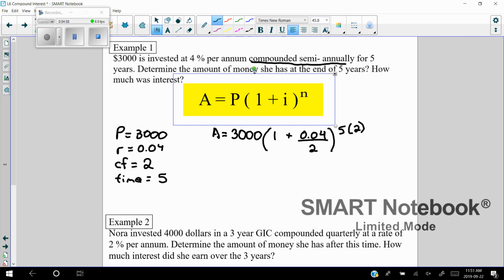Okay, so now that we have our formula, it's really important that we're able to type this into our calculator carefully. A couple different things that I will have you notice is that this fraction here needs to be in a separate pair of brackets, and your exponent also needs to be in a separate pair of brackets. Otherwise, it'll take it to the power of 5 and then multiply it by 2. So go ahead, try typing that in, and see if you can get the correct answer.